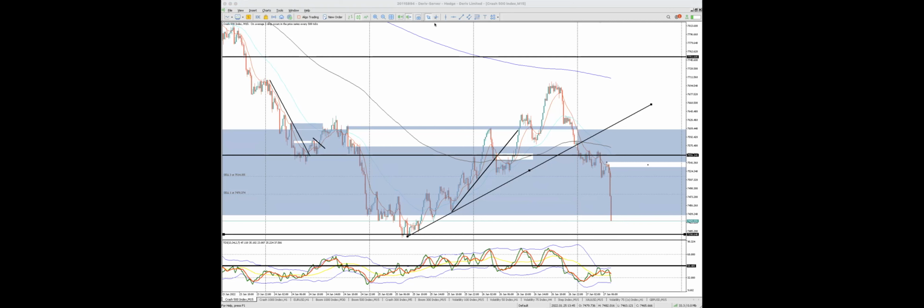So possibly we will look to scale out now. So first position, 90 pips. Second position, 50 pips. 140 pips. Not bad. So that's my view.